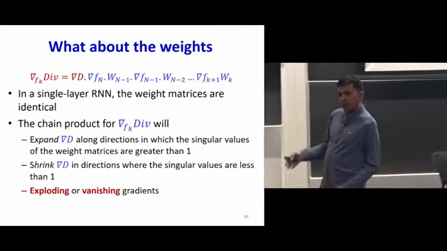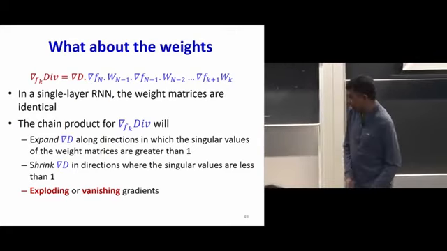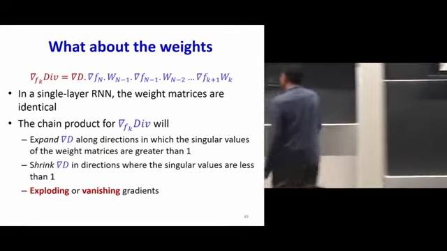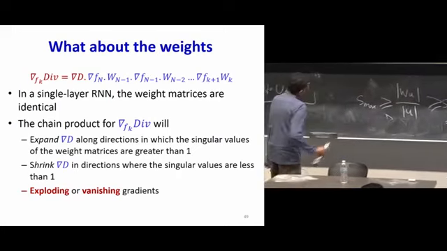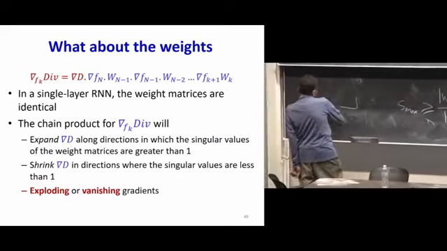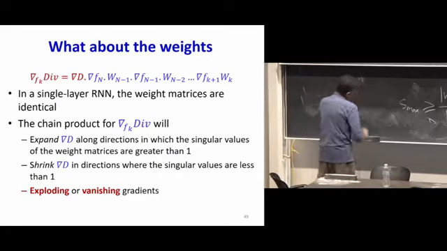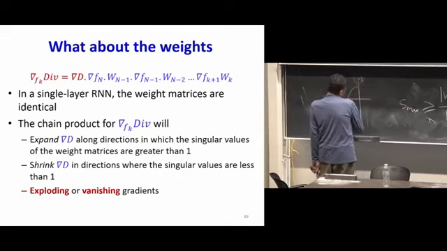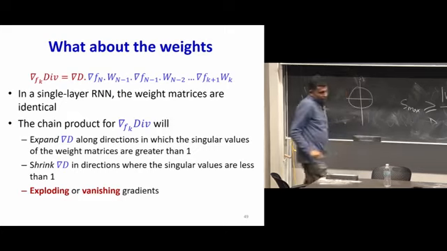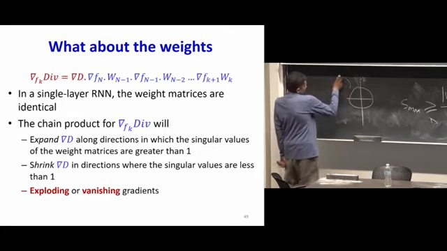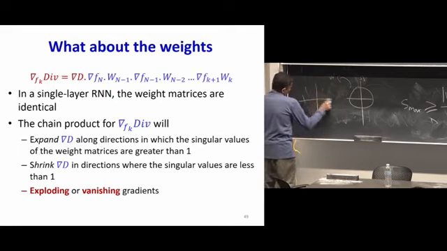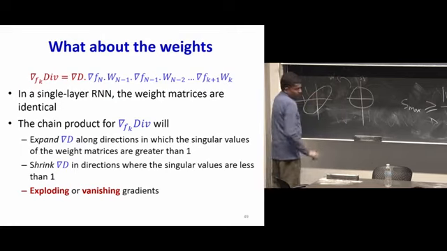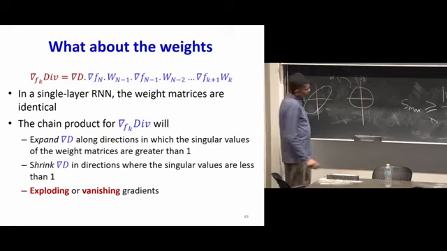If the singular values of W, but then there's something even more interesting about this. So one way to think about it is, let's say I have some vectors lying on a circle. This is supposed to be a circle, and these vectors are transformed by W. Then the resulting figure is going to be an ellipsoid, right?